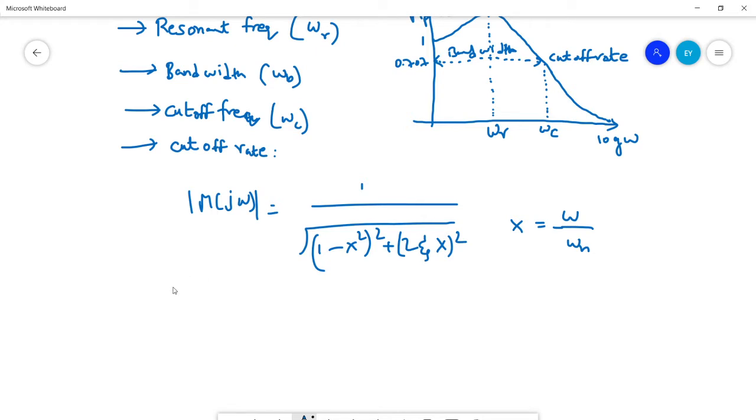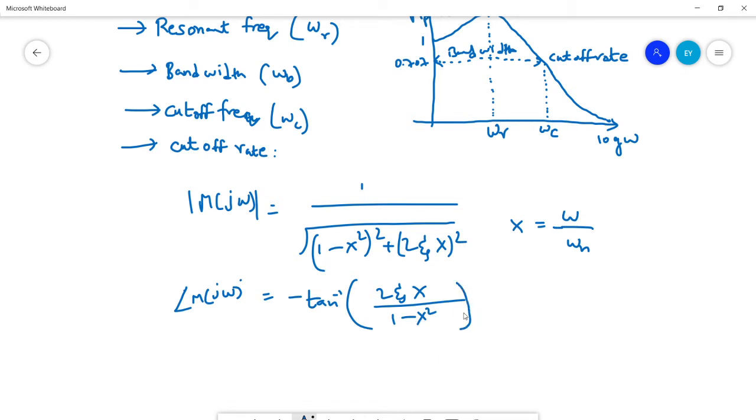This is for the second order system. This is the magnitude, and the phase we got is the phase of M of j omega, equal to minus tan inverse of 2 zeta x by 1 minus x square, right?